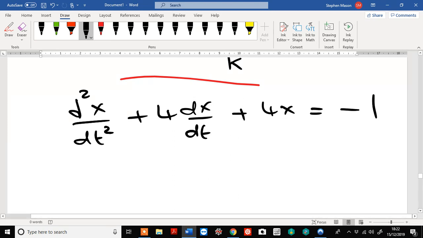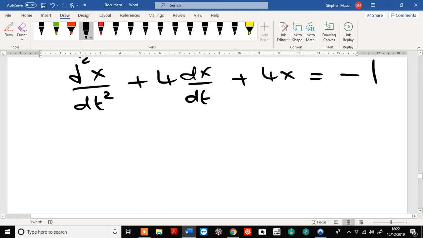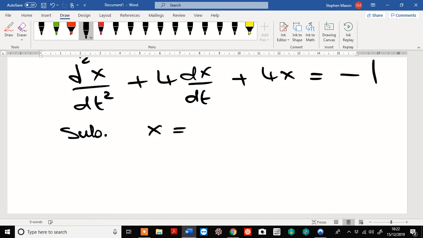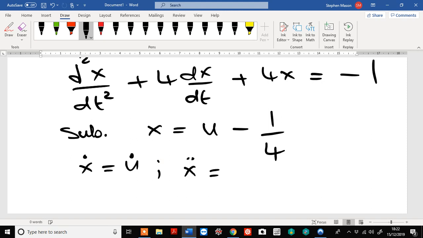Right, okay, so what happens if we substitute x equals u minus 1 over 4? Well, we know that the derivative x dot is just equal to u dot because the constant disappears when you differentiate, and x double dot is equal to u double dot.